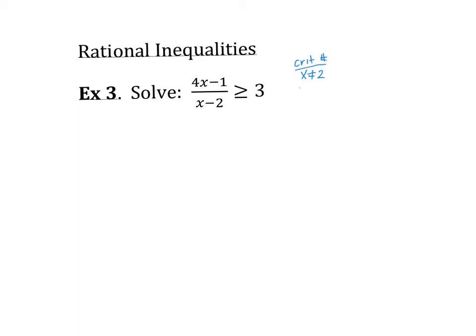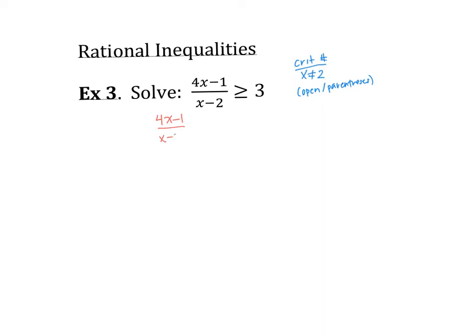And it is the fact that x can't equal 2. What does that tell me? It tells me at 2, there's going to be some kind of open circle or a parenthesis, depending on if I'm doing a number line or the test intervals. Okay, to find the other critical numbers, I'm going to change this to an equal sign and solve the equation.